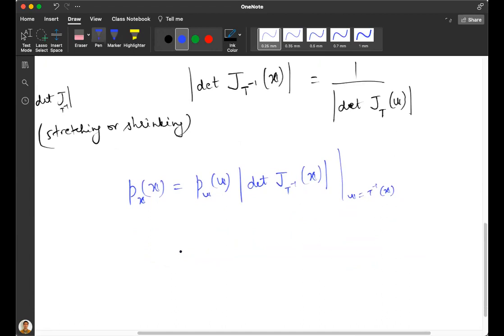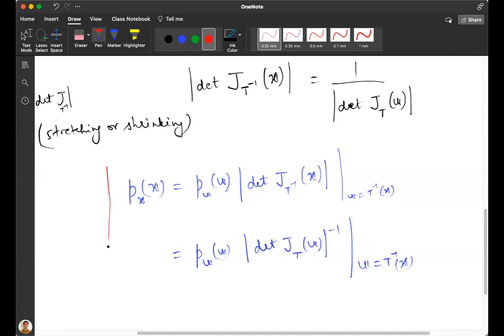And this thing is also equal to P_U(u) times 1 upon the determinant of the Jacobian of T at u, and this is 1 upon, so I'll just put an inverse sign here on top, right? And again, this is computed at u equal to T inverse x. Does that make sense? These two are very important formulae which we'll be using in today's lecture.